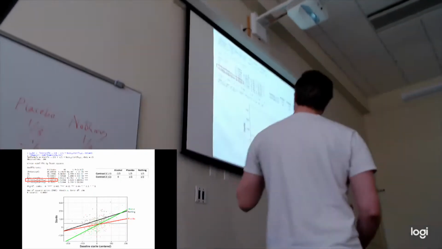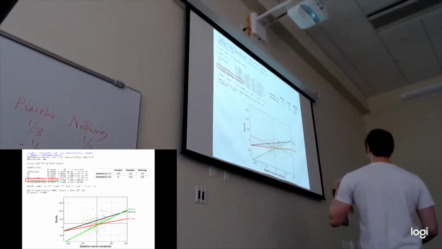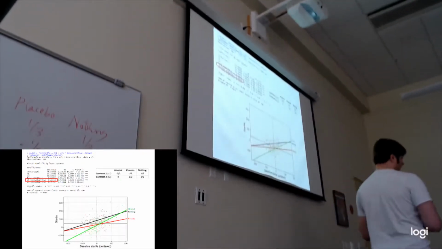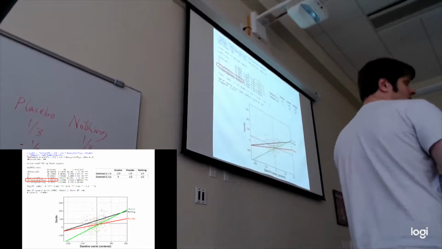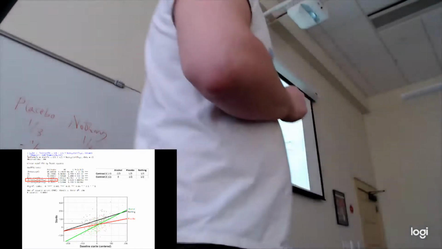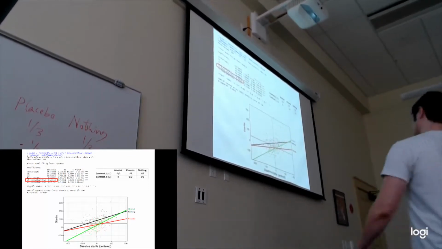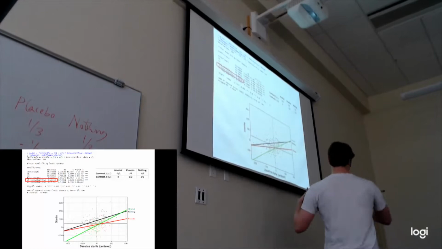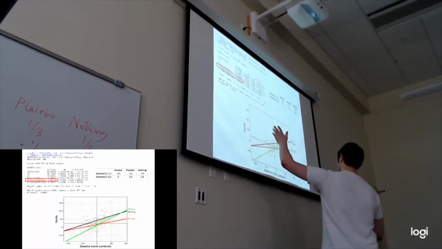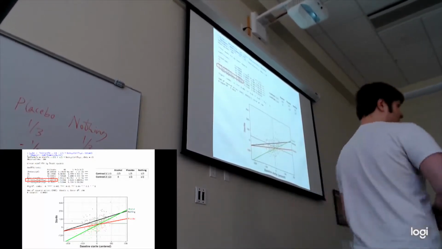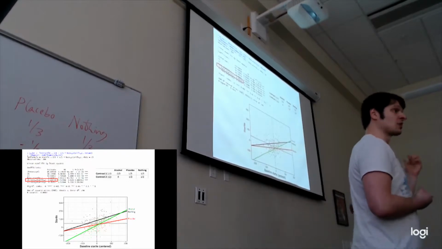So remember, C1 is comparing alcohol to the average of placebo and nothing. So based on that information, how do you think the interaction between C1 and baseline startle might be represented on this graph?